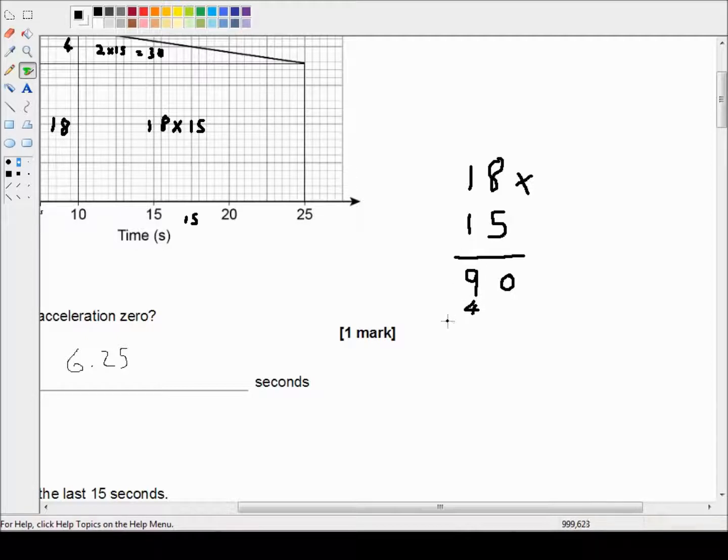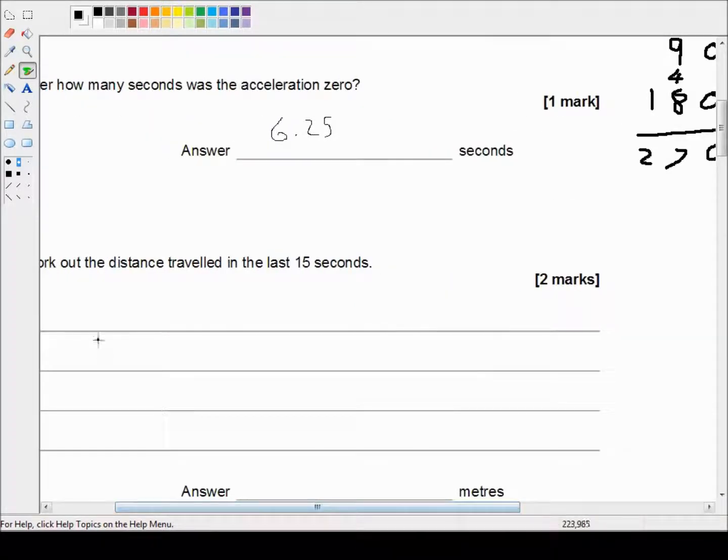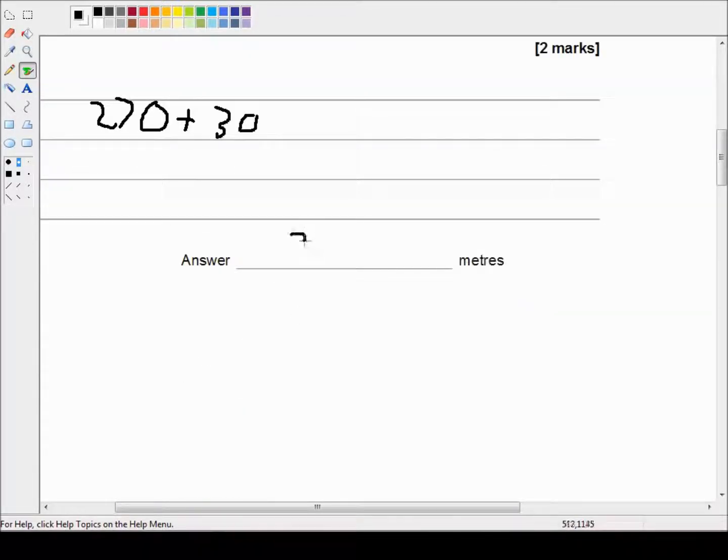And then, so this is 180. So that is going to be 270. So the area is 270 plus 30, which is 300 meters.